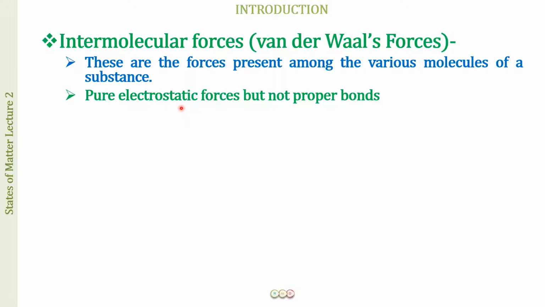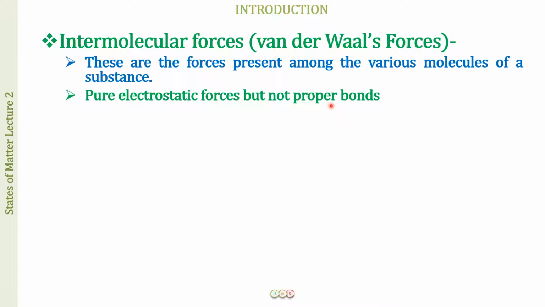For example, when we consider the formation of NaCl, the ionic compound sodium chloride, sodium ions are positively charged and chloride ions are negatively charged. They experience an attraction towards each other, which we call the electrostatic force of attraction or the ionic bond. So these are pure electrostatic forces, but they are not proper bonds.